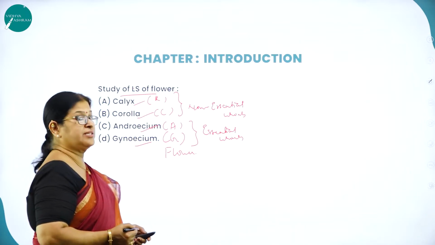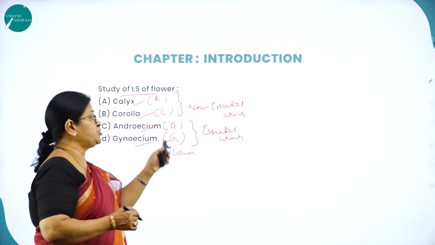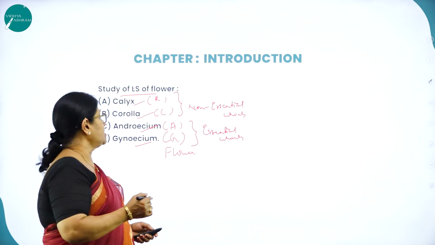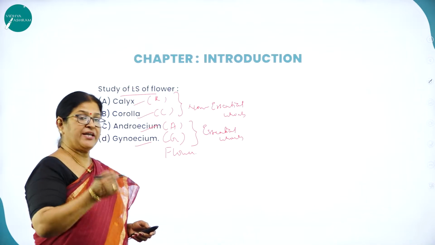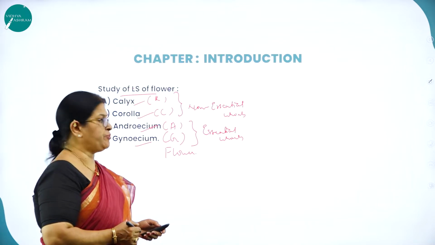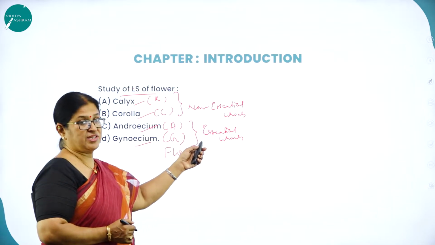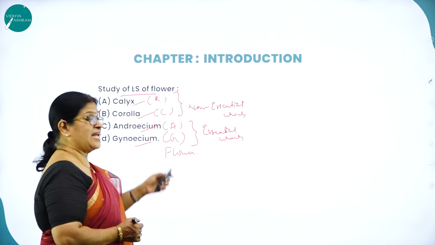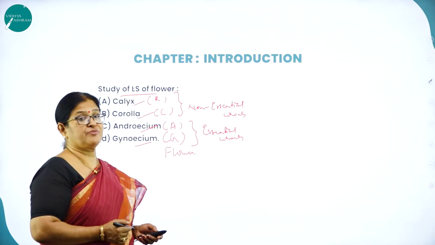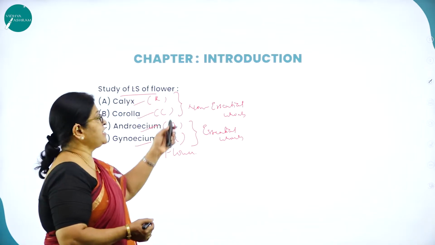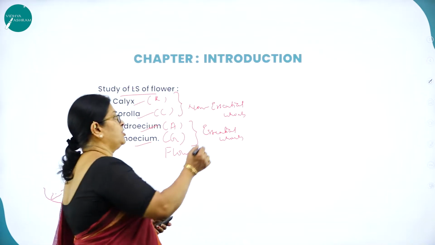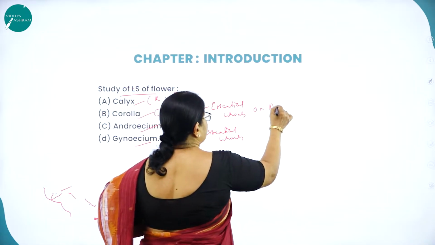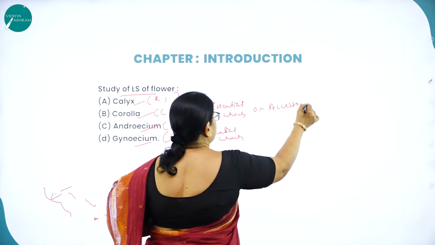Why are calyx and corolla called non-essential? Because androecium and gynoecium are directly taking part in the process of reproduction, hence you call them essential whorls. Whereas calyx and corolla help the process of reproduction indirectly, hence they are called non-essential whorls, or also called accessory whorls.